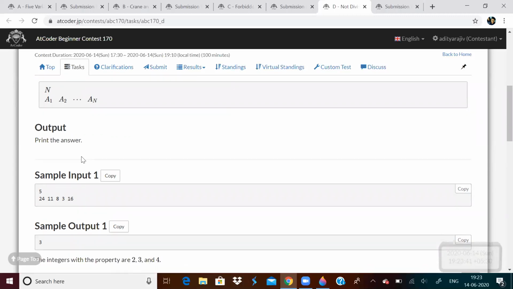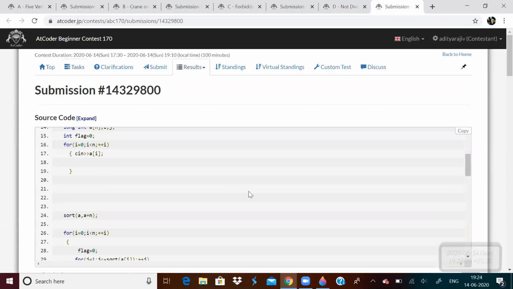And while factorizing any element, if we binary search whether that factor is present in the array, then we can break out. We should not count that. Otherwise, we should count that element. So it was just a question of factorization only.